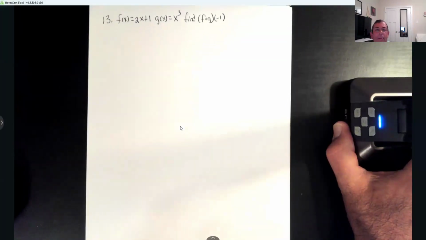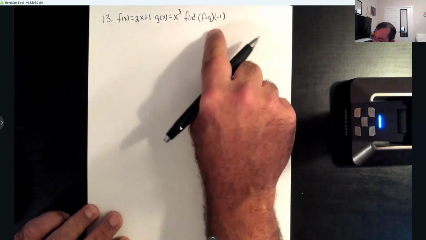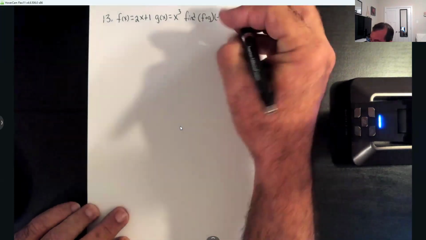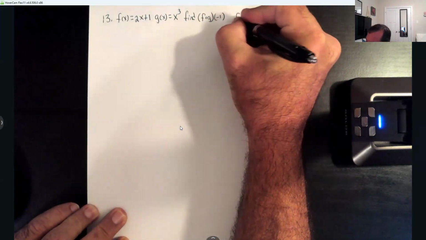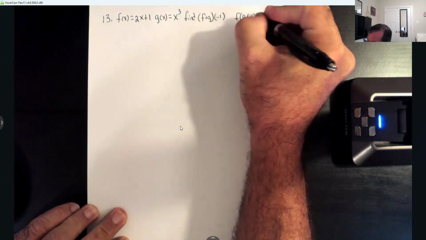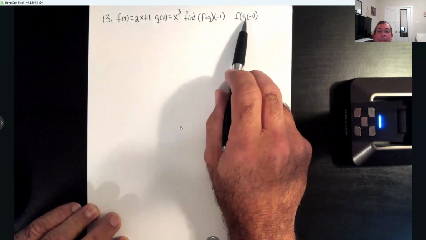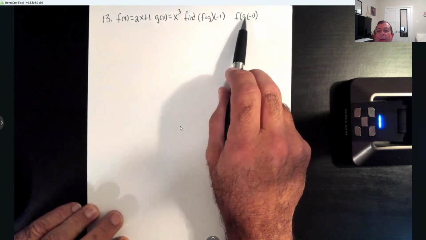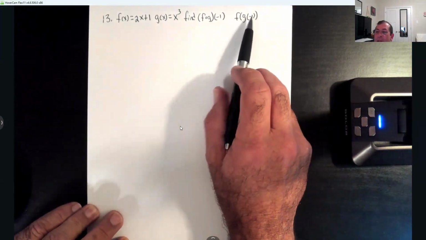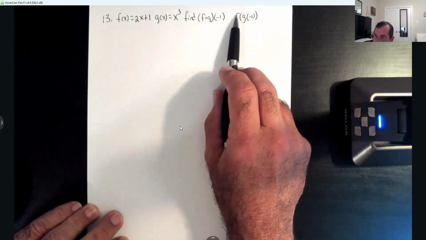Let me bring that back up. So when they're giving us a number like this problem is like finding f of g of -1. So if I wanted to write it in function notation, which means we got to do the g of -1 first. Once we get to g of -1, we'll put that into the f equation, okay?